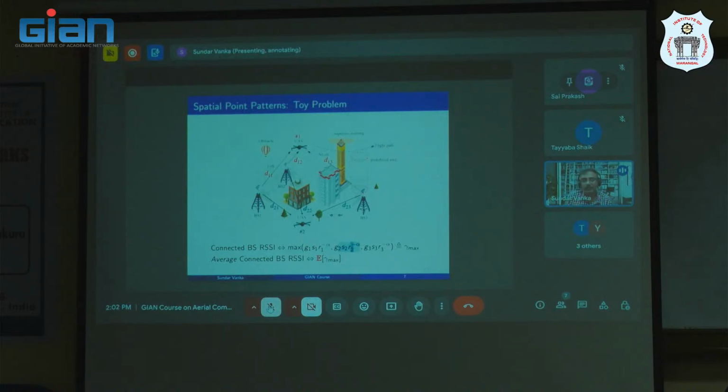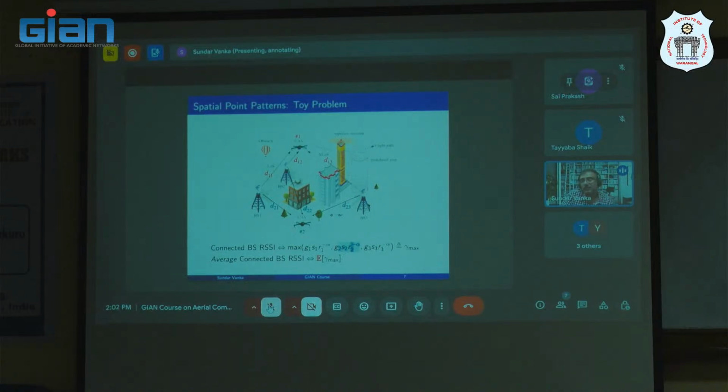Now the question that I would ask is, given this collection of base stations, if I move a UAV around, what is the connected RSSI strength? Now if I move the UAV around from, let's say, UAV location 1 to UAV location 2, clearly these distances are now changing, and so are the different fading and shadowing random variables.